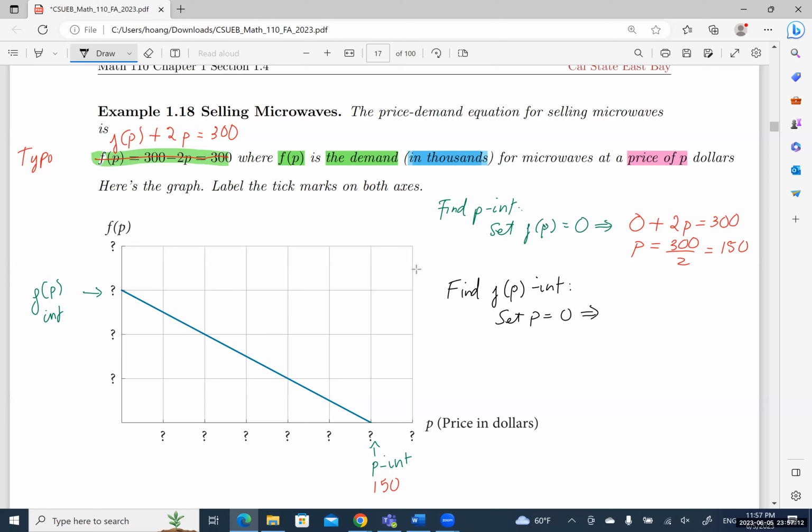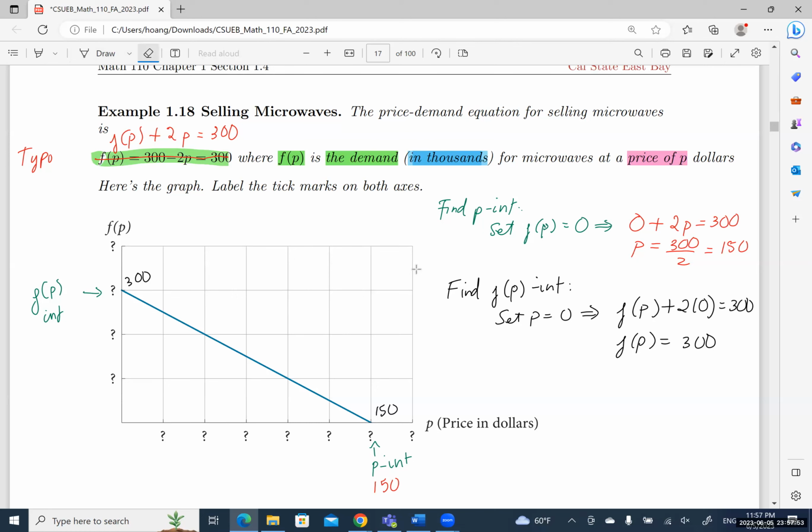Then you have f(p) plus 2 times 0 equal to 300, and then you have f(p) equal to 300. So it is 300 here, and here is 150. Okay.